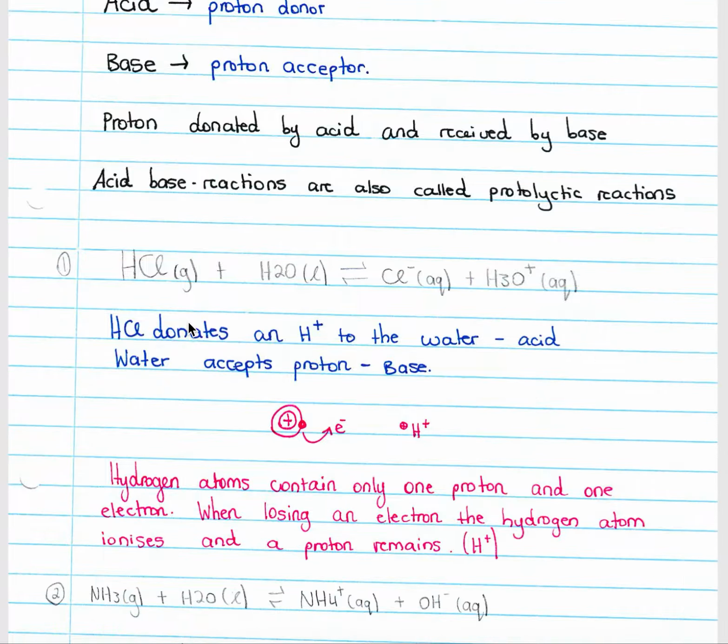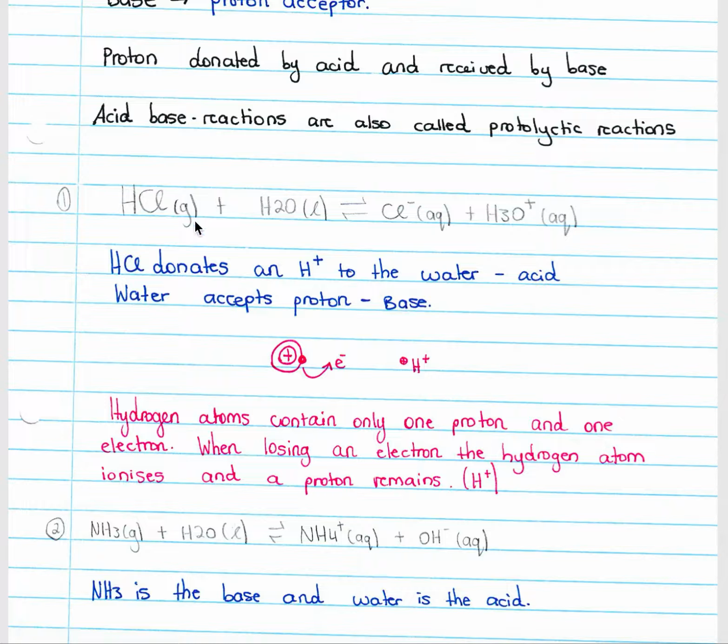Now in this example over here, which is a simple example, we have HCl and H2O in a reversible reaction forming Cl- plus H3O+. HCl is now an acid as it donates its H+ to the water.